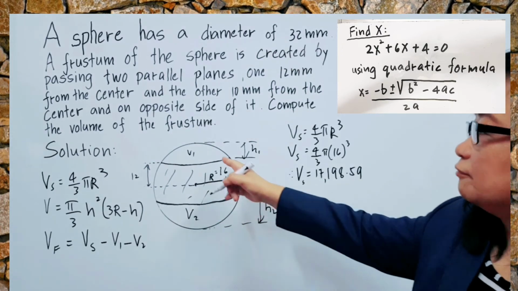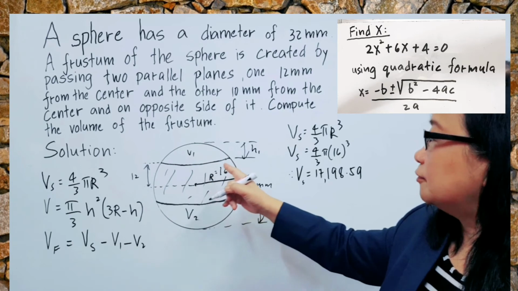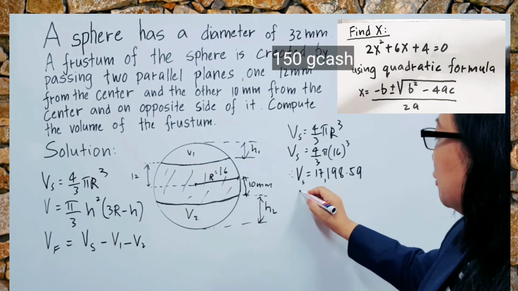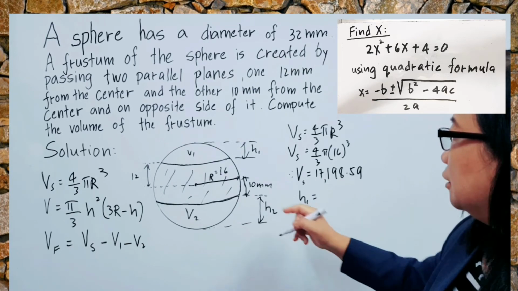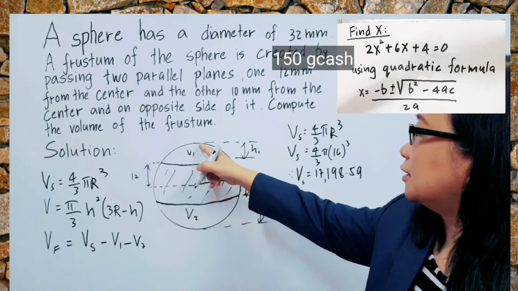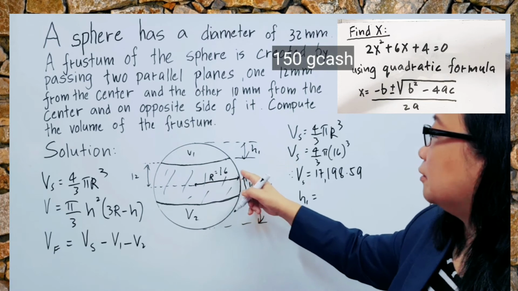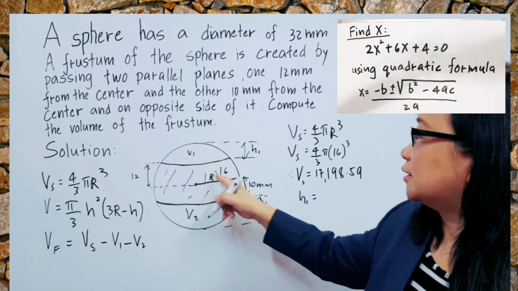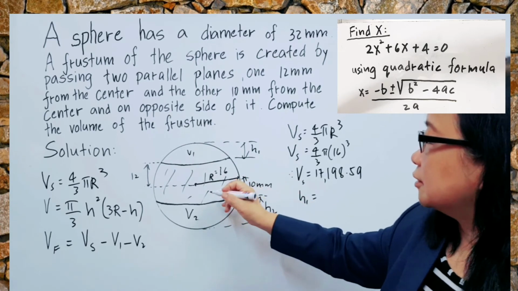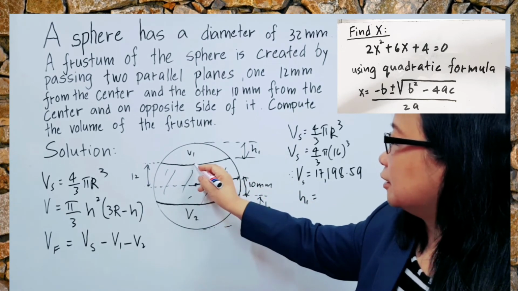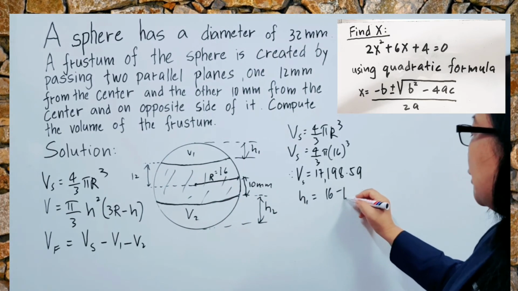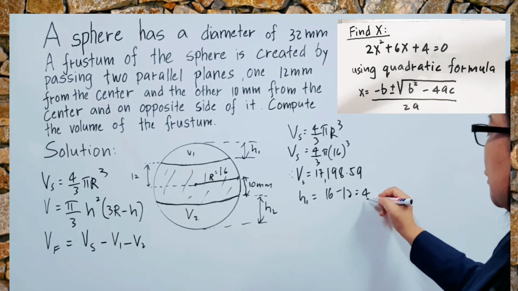Now, before we can solve the volume 1, we have to find first the H1. The height H1 is equal to, since this one from here to here is 16, because if you go around, the radius is the same. So, from here to here is 16 minus this one from here to here, which is 12. So, 16 minus 12 is equal to 4.